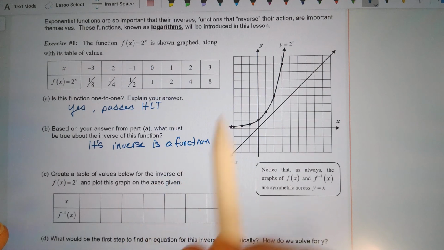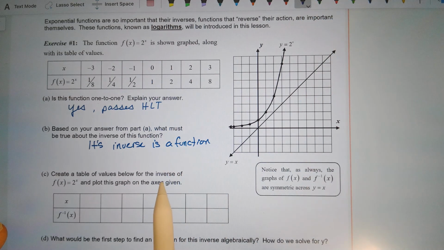So if we want the inverse of x, I'll change colors here. We take our domain from above, -3 to +3, and that is now our range.